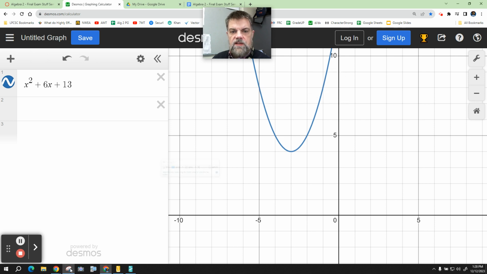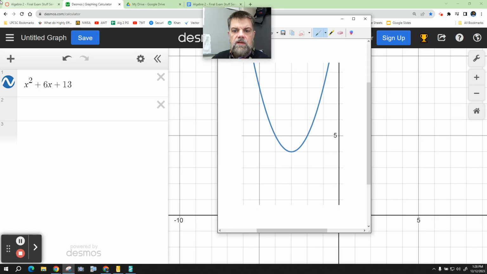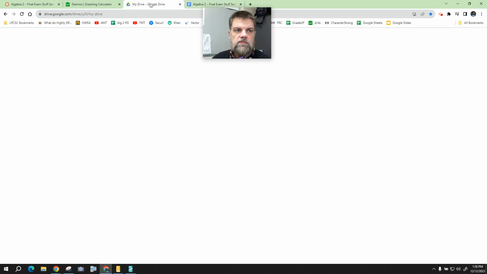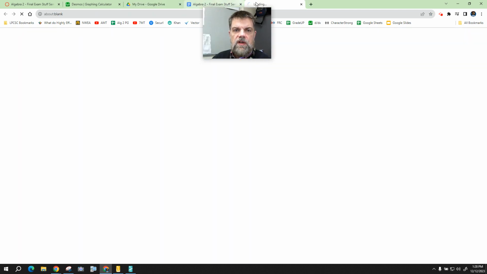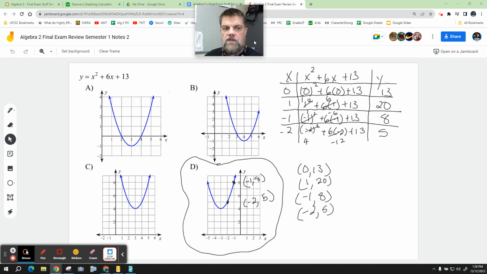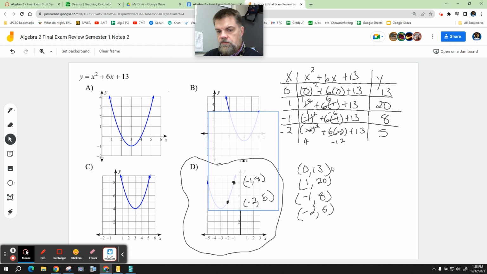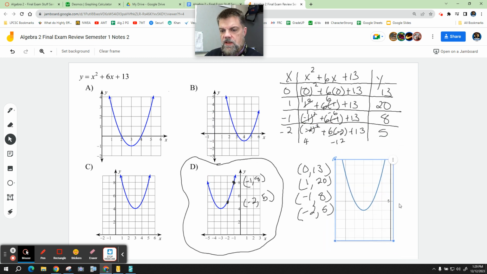So it kind of looks like this, right? I always do that when I'm doing these notes for some stupid reason. Yeah, that looks right. Because see right here, this point right here is (-1, 8).